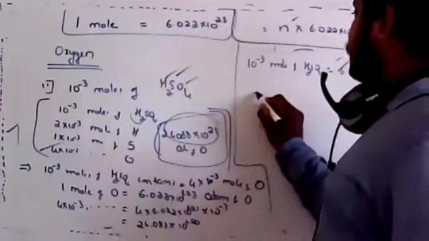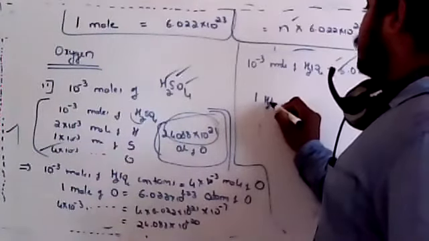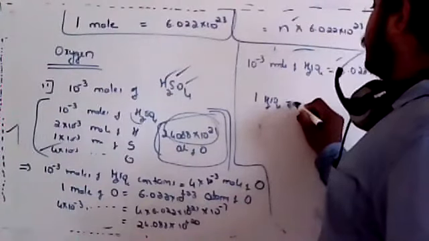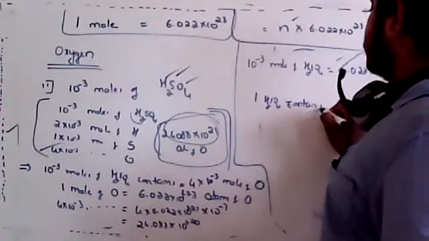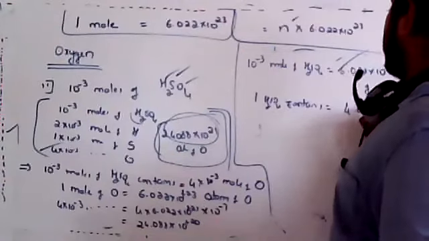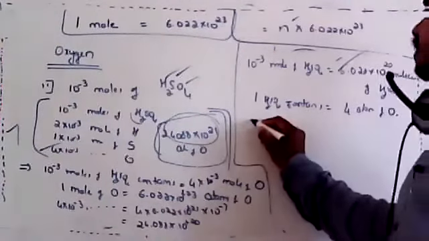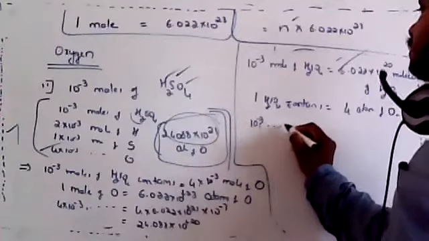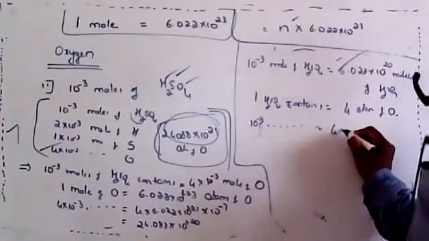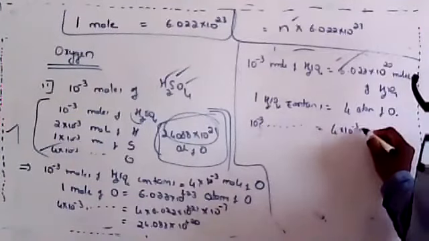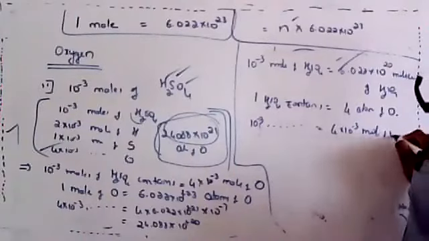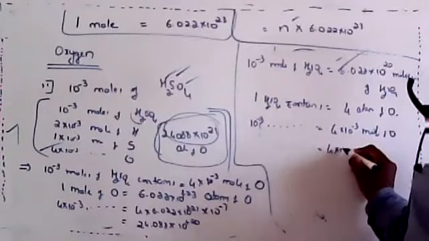Now write this way: one H2SO4 contains how many oxygen? 4 atoms of oxygen. So 10 to the power minus 3 moles of H2SO4 contains 4 into 10 to the power minus 3 moles of oxygen.